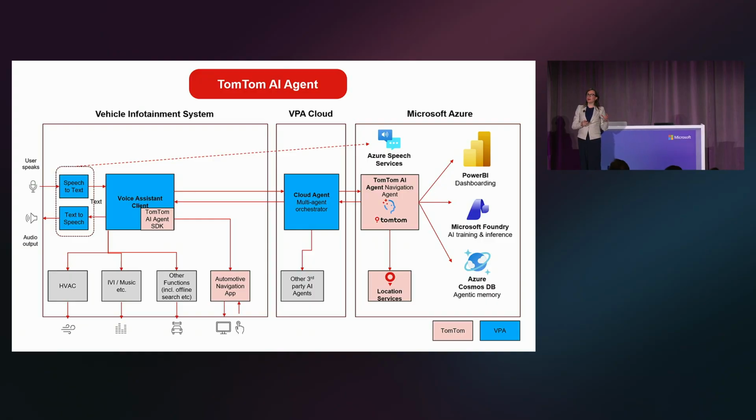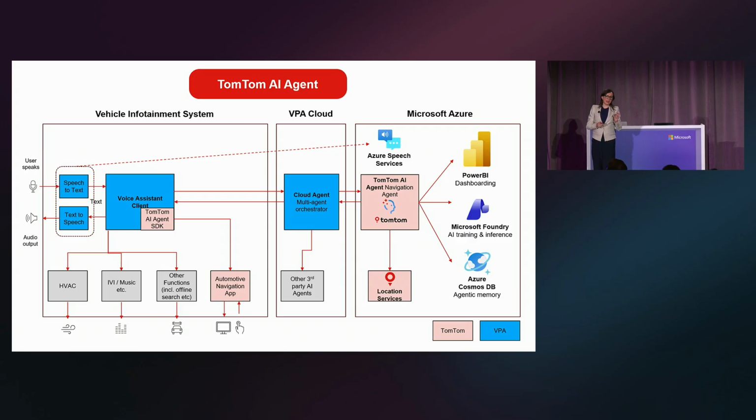So if we look at the architecture behind that, you see that on the right, we are leveraging all of the Microsoft data services to train, inference, and analyze the data. And the data itself is coming from our own TomTom location services, so search, map visualization, routing, guidance, positioning, and so on.